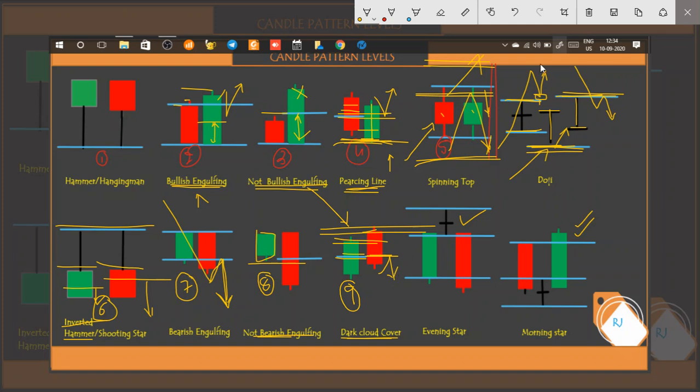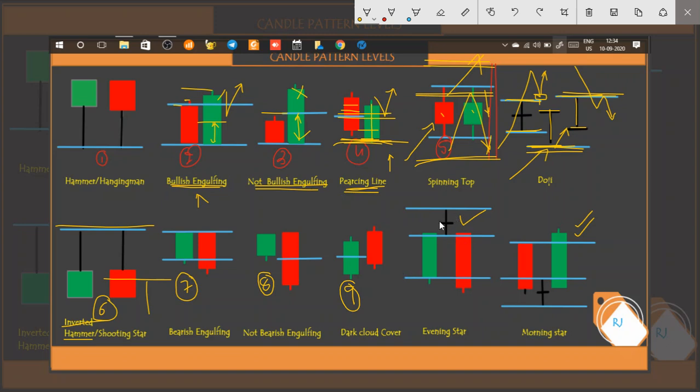And the next candle is the evening star and morning star. So what is an evening star and morning star? If you find any such kind of formation in a market, here you may find a spinning top also, that's not an issue. You can consider it as a spinning top only.